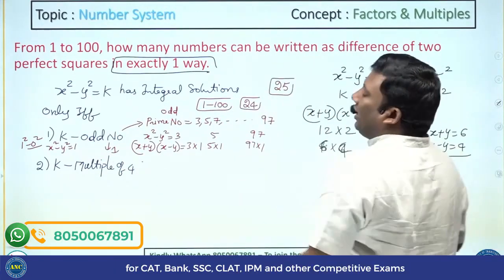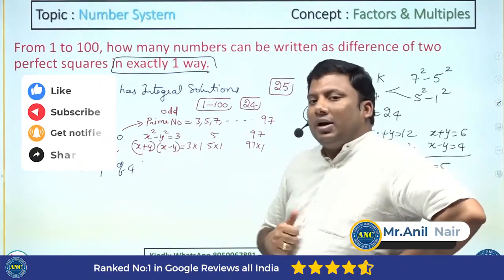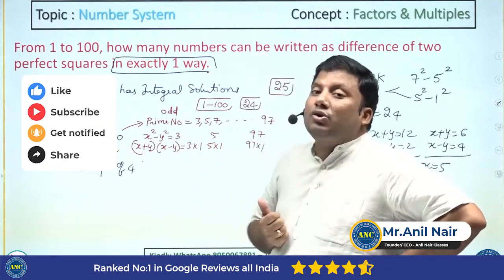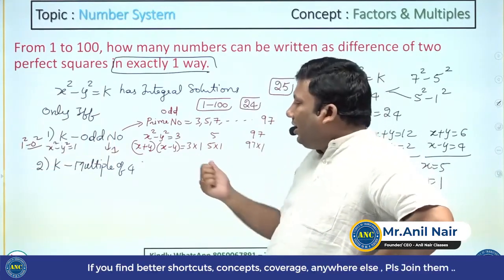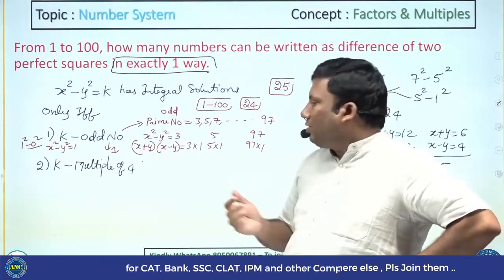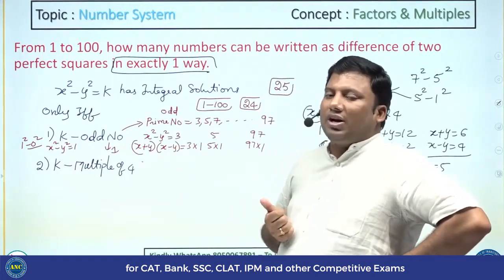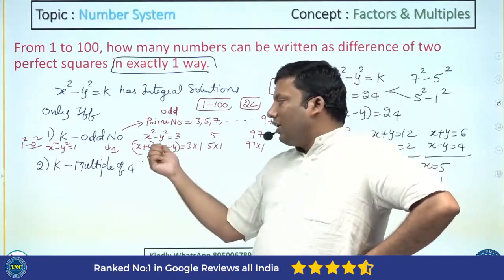Why can it be written in exactly one way? Because it is a prime number. A prime number has only two distinct factors, 1 and itself. So it is 3 and 1. Are you all with me? If I write it as 3 and 1, 2x equivalent to 4, x equivalent to 2, y equivalent to 1.